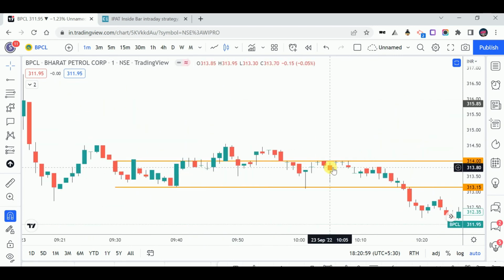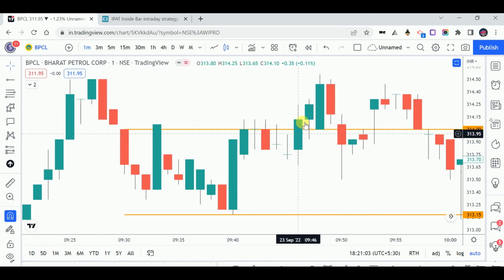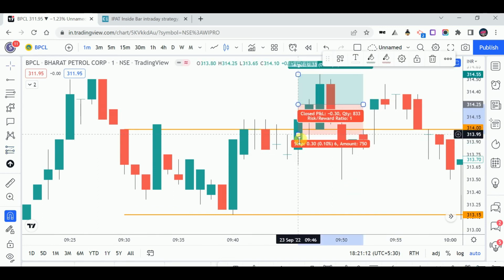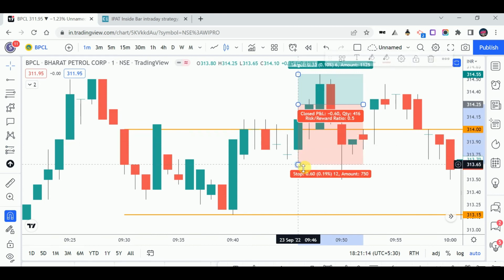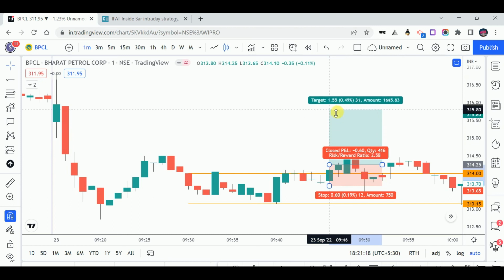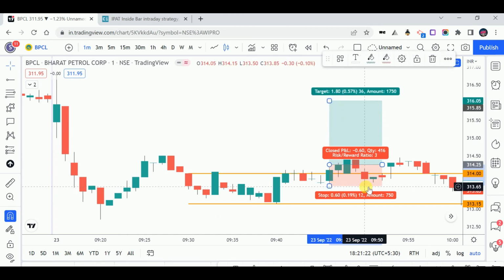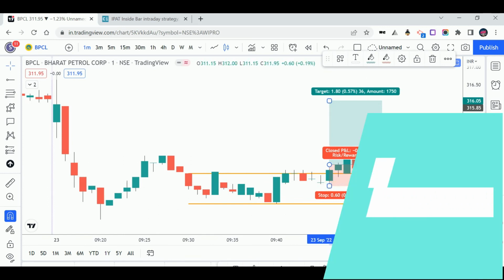In this case, this is the candle which has closed outside of the range. So I will enter at the high of this candle. I will put the stop loss at the low, and I will try to go for 1:3 risk to reward, but in this case it has hit my stop loss, so I will exit there.